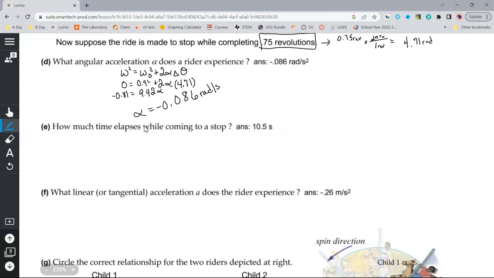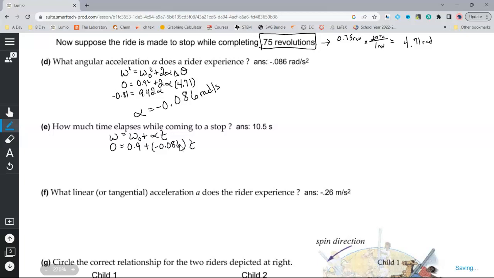If we want to know how much time it takes to come to a stop, we could use our angular velocity equation. We now have our alpha, so 0 equals 0.9 plus negative 0.086 times time.